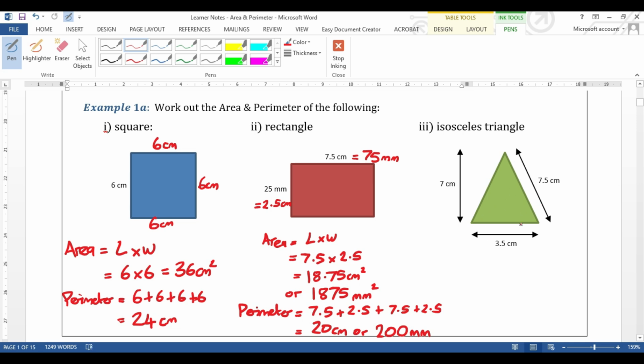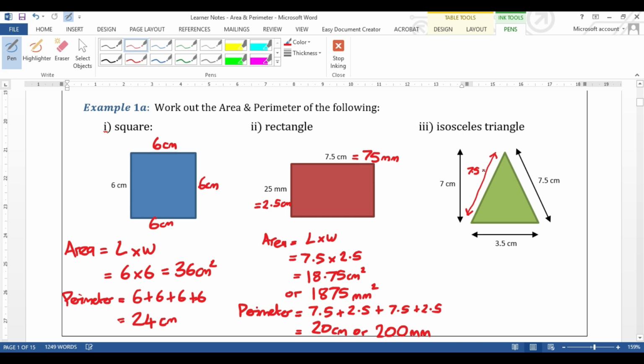For the green triangle, just be careful with this one. This is an isosceles triangle, so two sides are going to be the same. Hopefully you know that. So this is 7.5 on this side. This here must be 7.5 as well. I'm going to put that here.